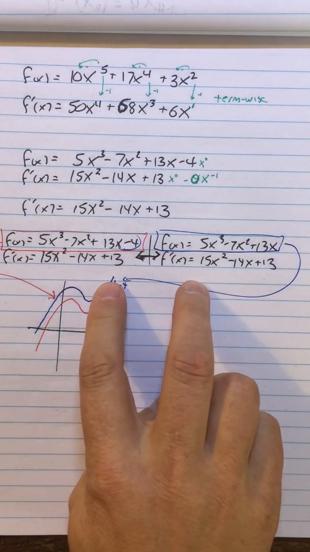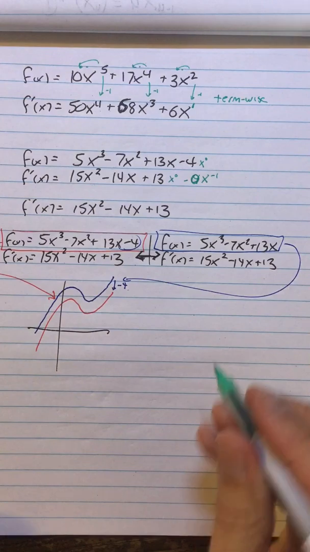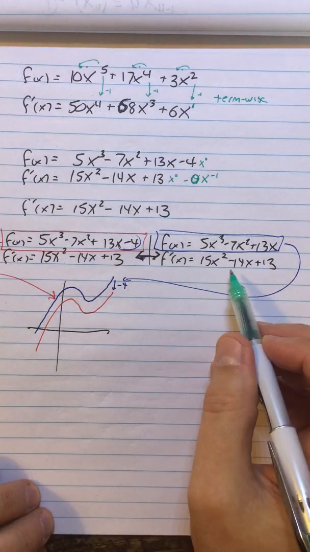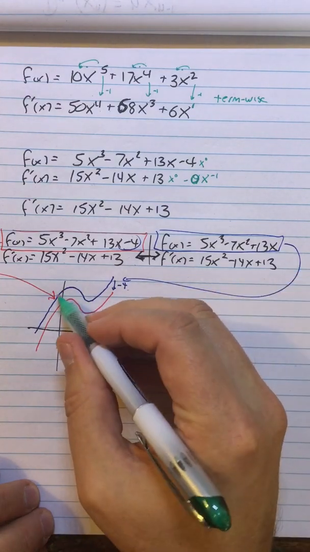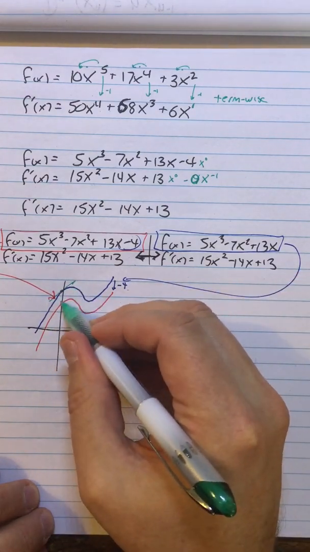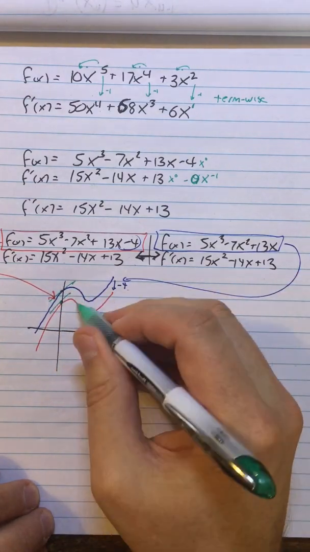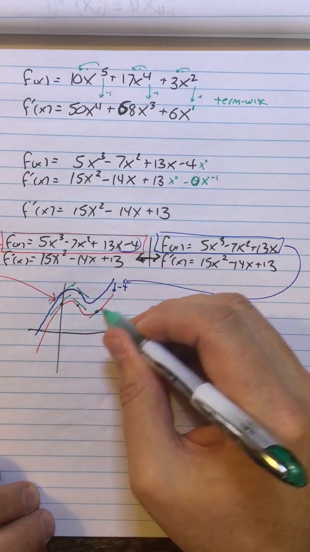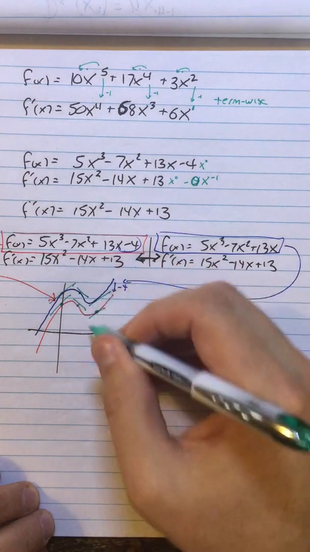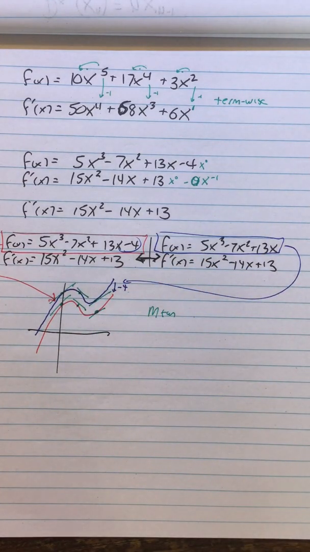Why are the derivatives the same? Because remember, the derivative gives the slope of the tangent at any point. Well, if I look at any 2 corresponding points, the same x value, the slope is going to be the same. All the tangent lines are parallel because one graph is just a vertical translation of the other.